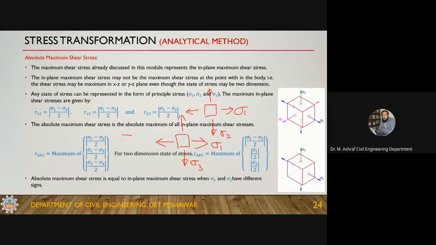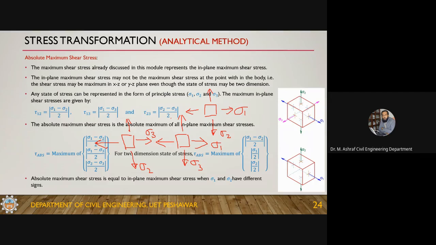You will see a state of stress with sigma 2 and sigma 3, and the maximum in-plane shear for this state of stress is sigma 2 minus sigma 3 by 2, or sigma 3 minus sigma 2 by 2.